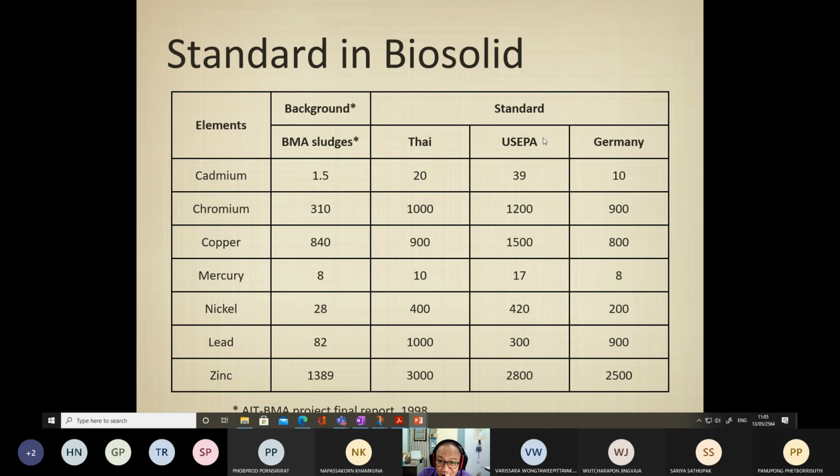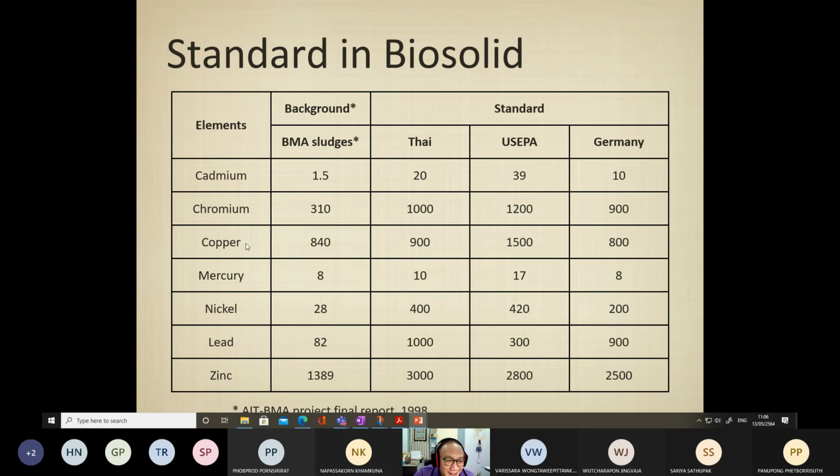According to the standard, we also have standards for biosolids in Thailand. Zinc should not be greater than 3,000 if you want to reuse these biosolids, if you want to apply this sludge in agricultural areas.